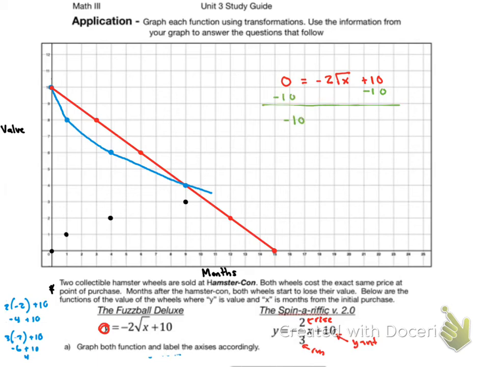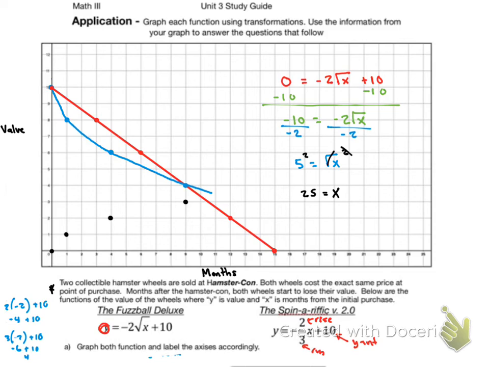We get -10 equals -2 times the square root of x. Divide by -2. This simplifies to 5 equals the square root of x. And lastly, if we want to undo a square root, we square both sides. Those cancel. We're left with x equals 25.